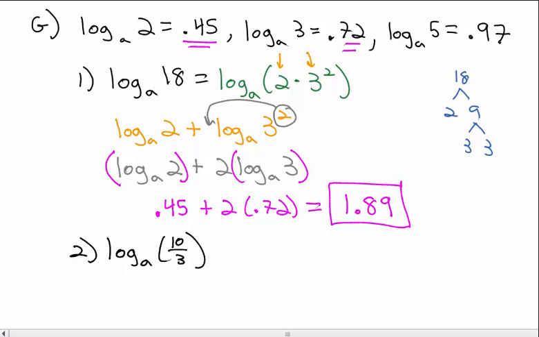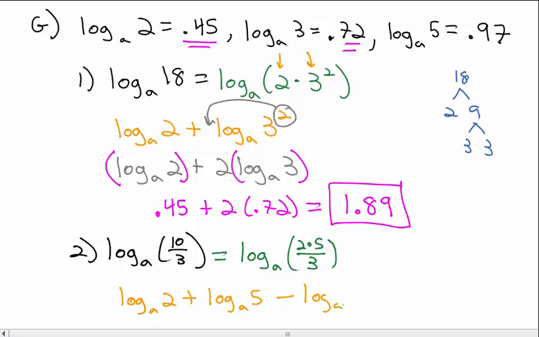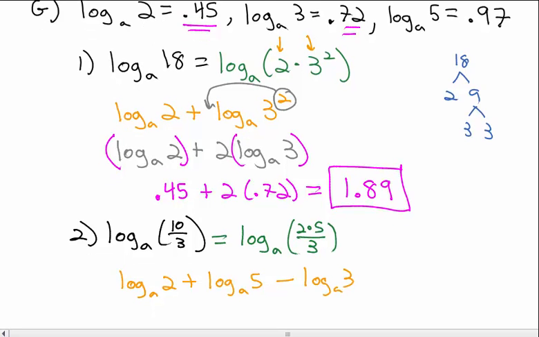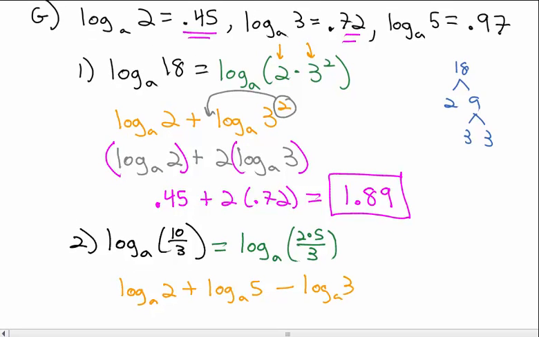Well, that would be the log base a of 10, which is 2 times 5, over 3. And so we would rewrite this as an expanded logarithm. We'll do a log for the 2, plus the log for the 5, minus, because it's in the denominator, denominators are negative exponents, log base a of 3. And I'm running out of space on my board.